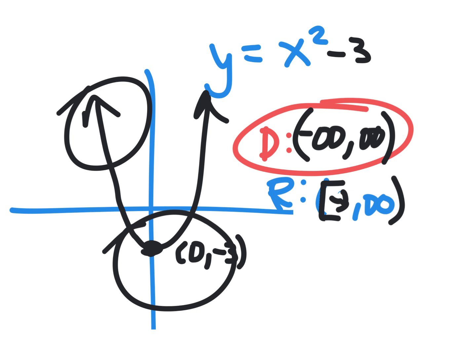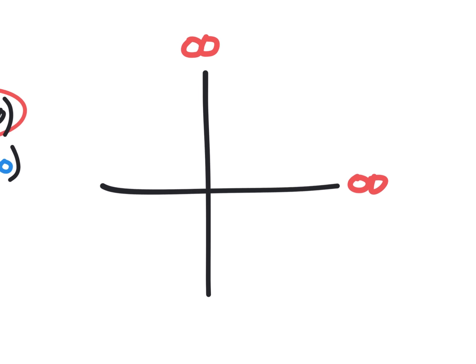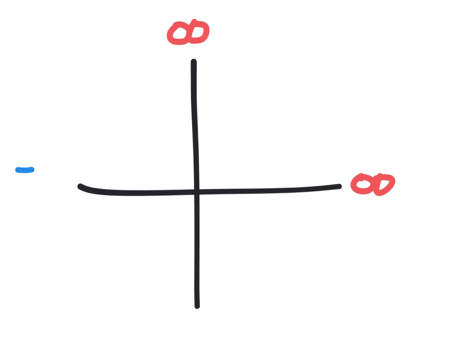All right, next thing I want you to write down is a little chart that tells you where the different infinities live. That's positive infinity, because way to the right, that's positive infinity. Way up, positive infinity. Take a wild guess what the other two are. Negative infinity and negative infinity.